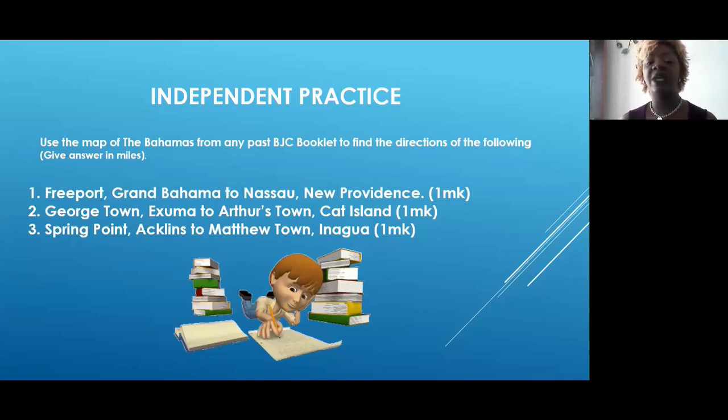So number 1, we have Freeport, Grand Bahama, to Nassau, which is in New Providence. And then for number 2, we have Georgetown, Exuma, to Arthurstown, Cat Island. And then for number 3, we have Spring Point, Acklins, to Matthewtown, Inagua. All right.